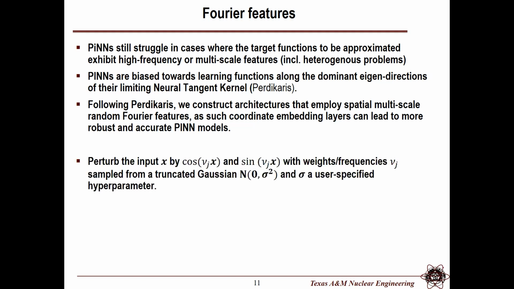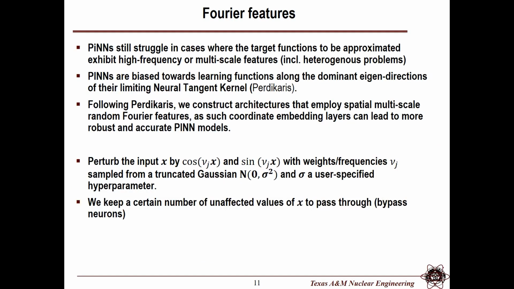So instead of taking the input of the phase space X directly, we perturb it by some cosine and sine, where we have a weight or frequency that we sample from a truncated Gaussian distribution given a user specified sigma, and this hyperparameter can be varied so that they're multi-scale, so that you can capture the short time dynamics and large dynamics as well.